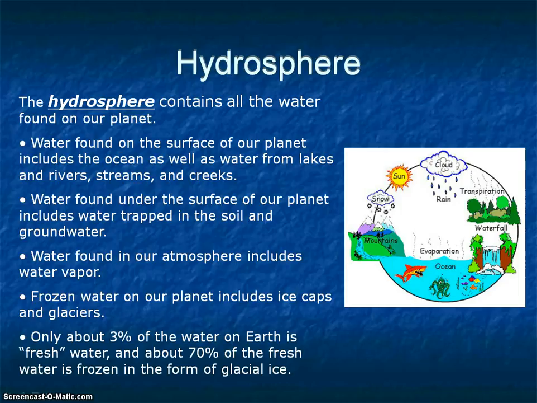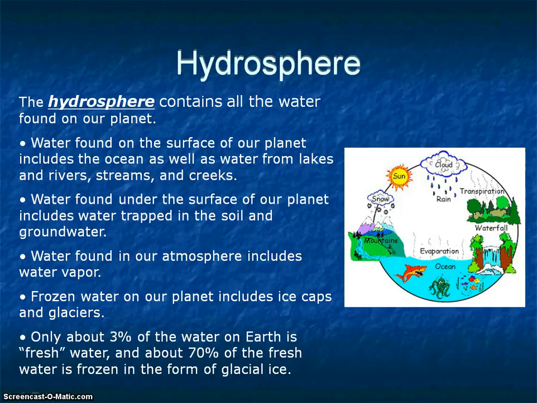The next system, the hydrosphere. The hydrosphere is going to contain all three stages of water. You're looking at water vapor, liquid water, and even frozen water. This includes water in the ocean, salt water.